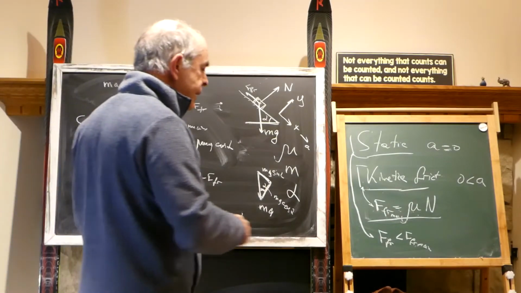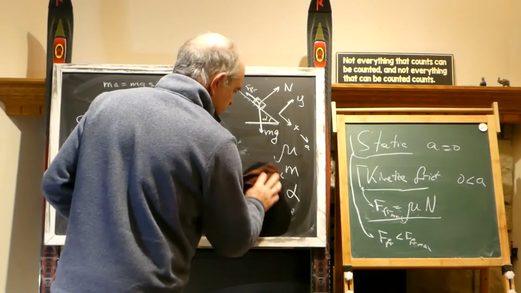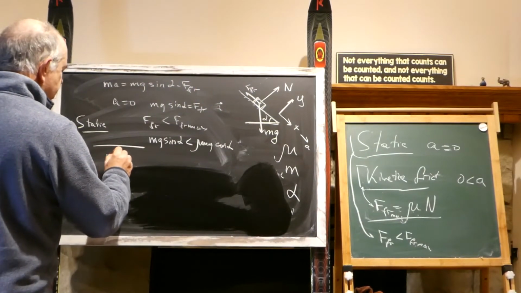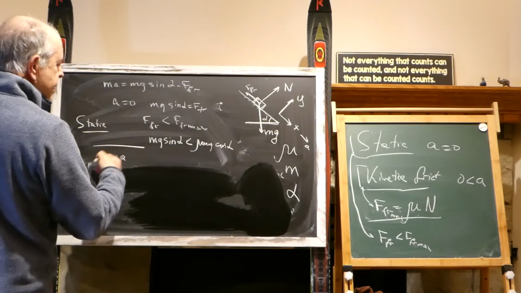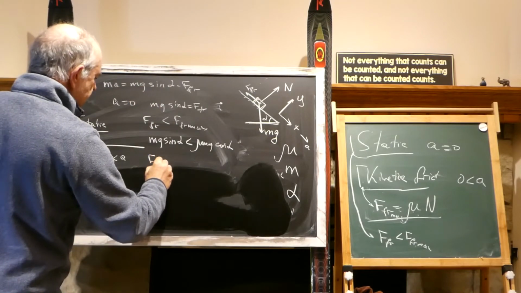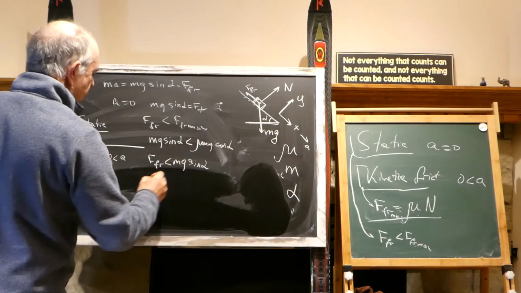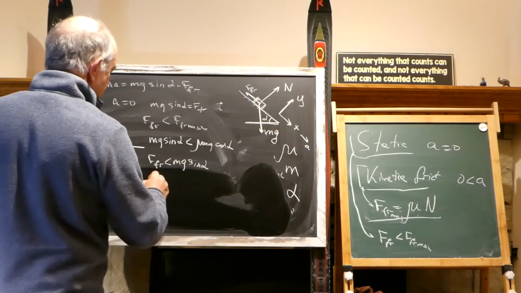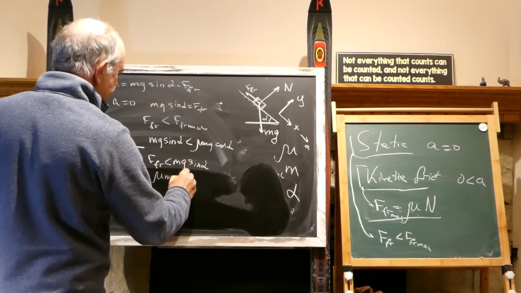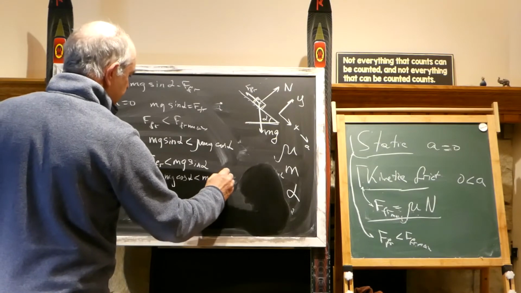But if we increase the alpha, we will have A greater than 0, that means this is greater than this, that means F friction is less than mg sine alpha, and that means that F friction, mu mg cosine alpha, is less than mg sine alpha.